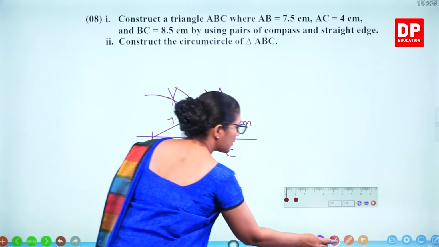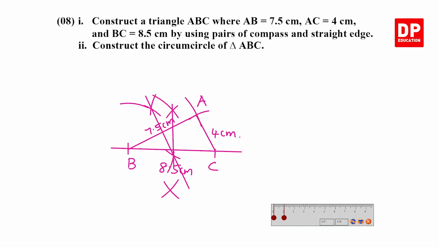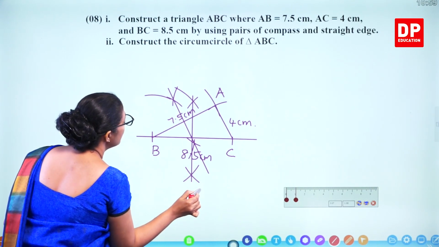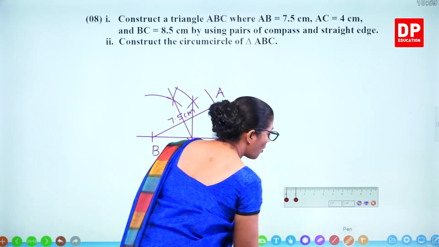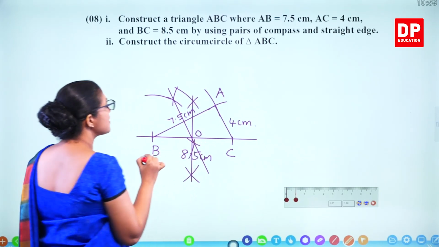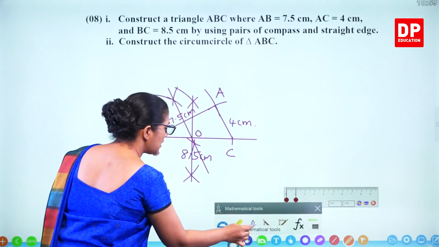Now I can connect that line. So this point is on this BC line. So this is the intersecting point. So that's the center.